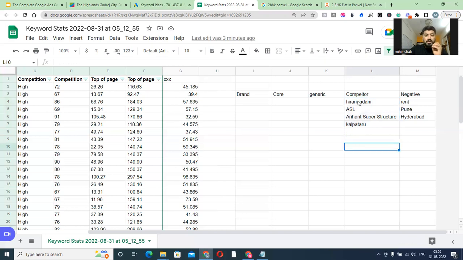We will show their customers, people who are wanting to look for a flat in Hiranandani in Powai, what we can tell them is, hey, you know what? Why are you looking at Hiranandani when you can purchase a better house in Godrej with the help of us? And that is what we are trying to do. We are trying to steal somebody who's already planning to go to Hiranandani to bring them to Godrej.